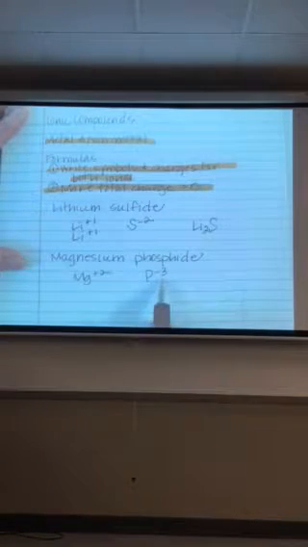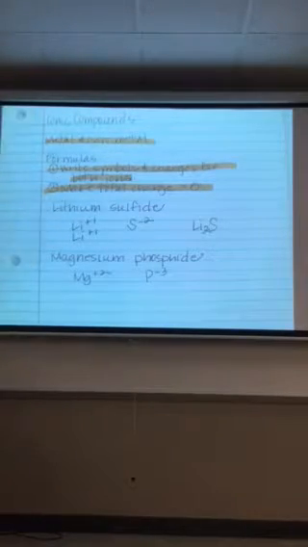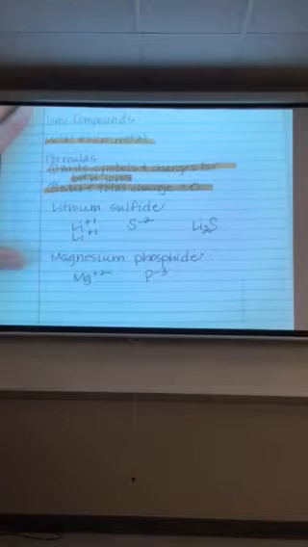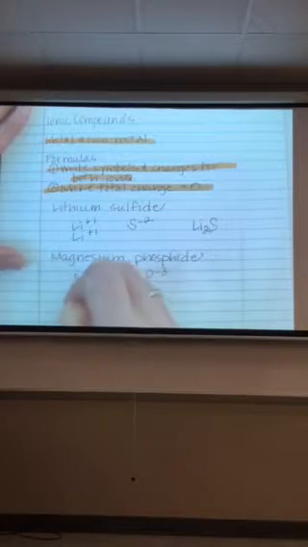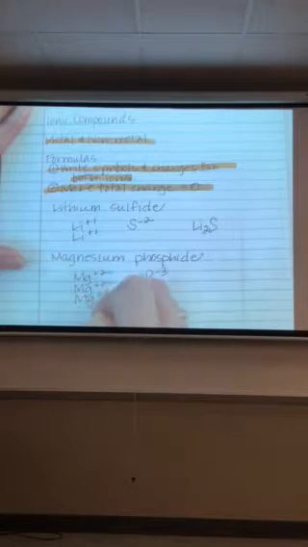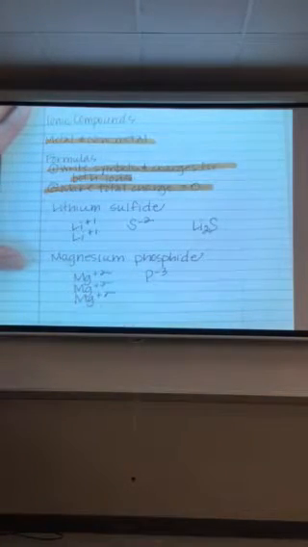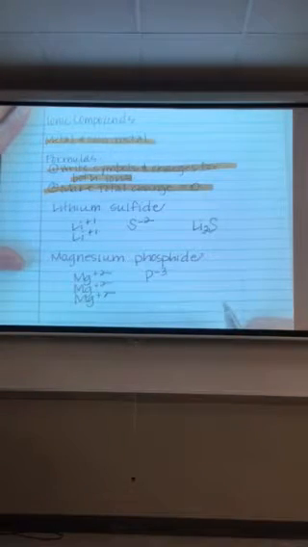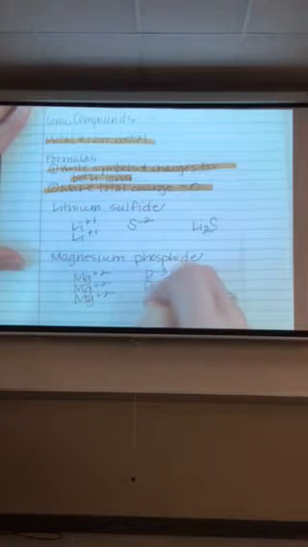So do +2 and -3 total 0? No, they do not. So what is a number that both 2 and 3 will go into? 6. So how many magnesiums should I put on here? 3 total. So let's put Mg +2, Mg +2, Mg +2. Now how much total positive do I have? 6. And how many phosphorus should I put on there? 2.